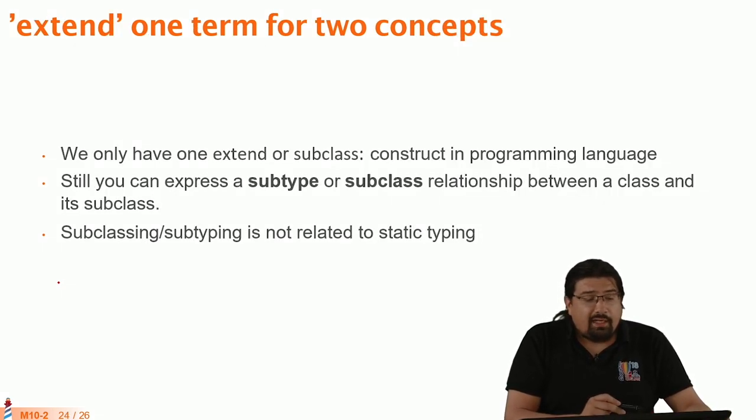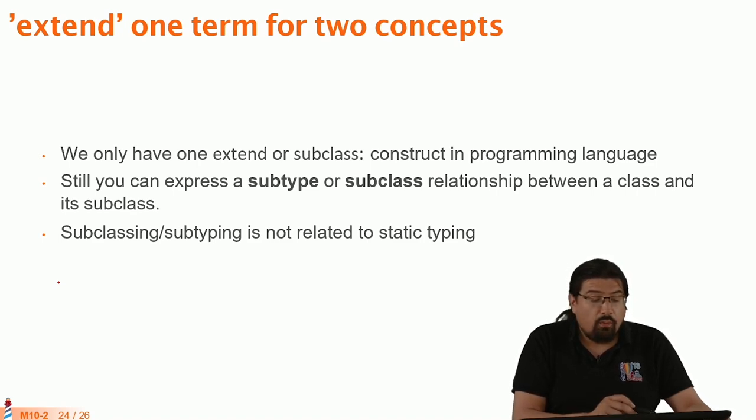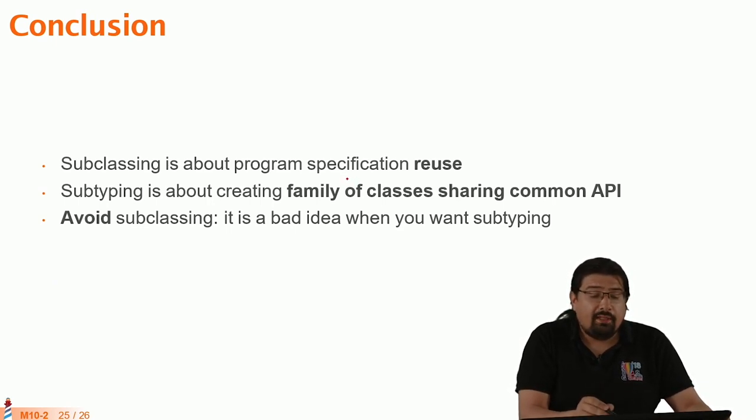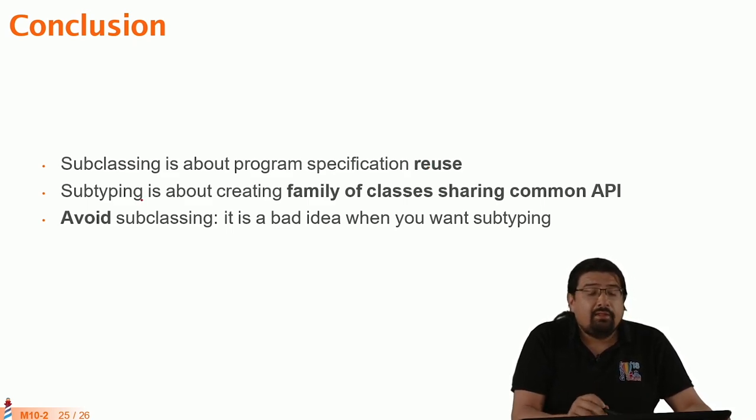Basically, when we extend, inherit or create a subclass, we are mixing two concepts, because we are creating, in a way, a subtype and a subclass. We have to be sure what we are doing, remembering that subclassing is about program reuse. We want to reuse the code that is in the superclass, and subtyping is about creating a family of classes that share a common API.